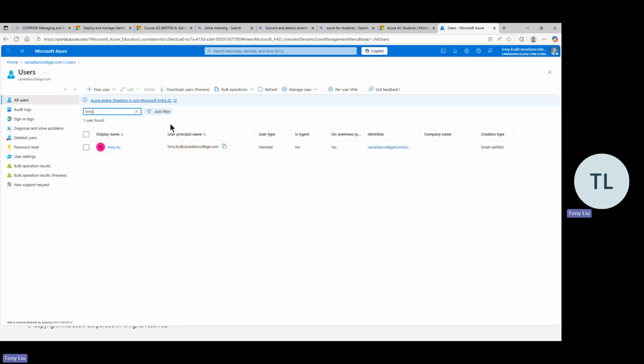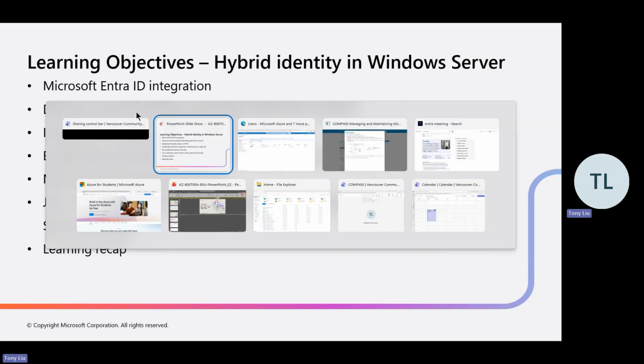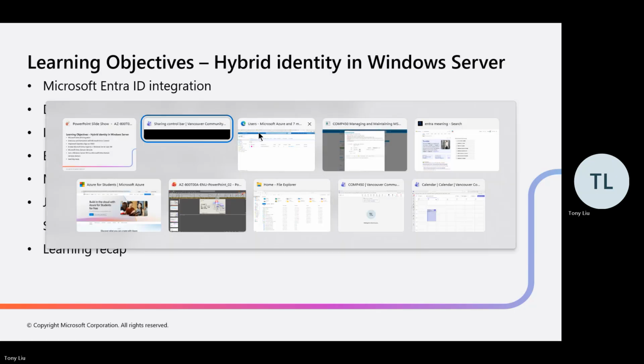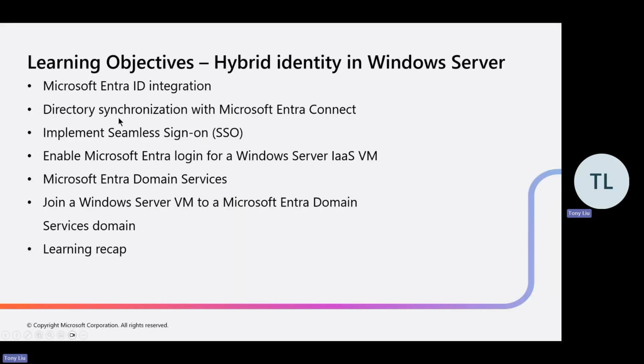So this is for identity management. Identity just means username, password. And the integration means this identity can integrate with on-premises Active Directory. Right now they are not integrated, but we could let this integrate with our Active Directory. Of course, we need directory synchronization with Microsoft Entra Connect.